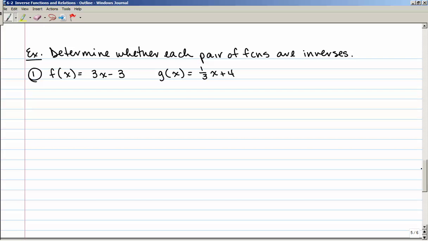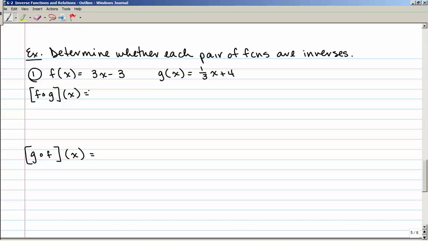So determine whether each pair of functions are inverses. What I need to do is find f of g of x and then find g of f of x. And if each of those is equal to x, then they are inverses. If they're equal to something else, then they're not.